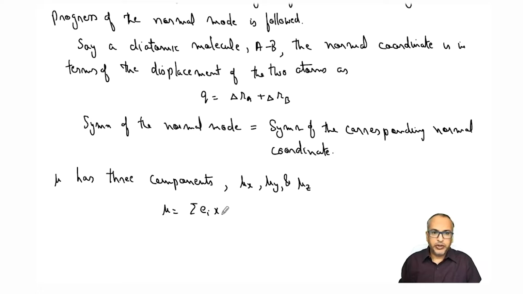So you have summation over i of e_i x_i, the charges and their corresponding distance from the origin, then summation e_i y_i, and summation e_i z_i. That's why mu can be expressed as mu x, which is this part, mu y, which is this part, mu z, which is this part.